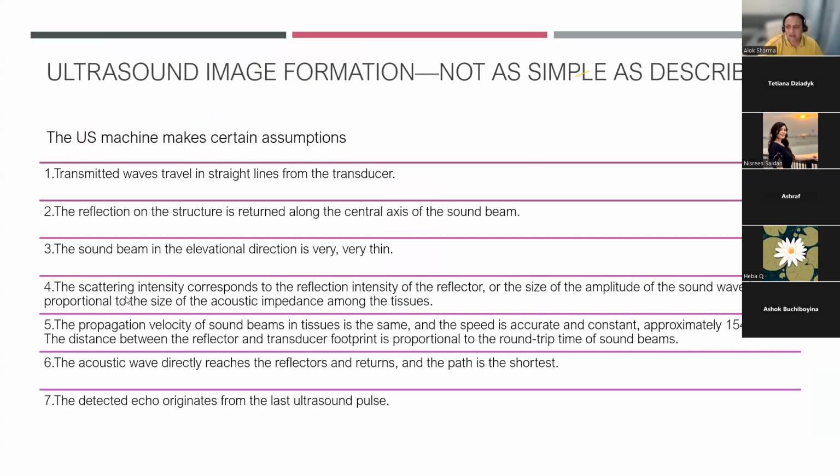So, whilst the machine makes an assumption that the sound waves will come back and we'll be able to get a good image, the fact is that your ability to keep the probe in the right place is quite key.